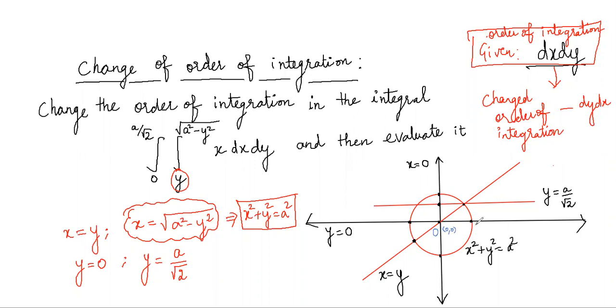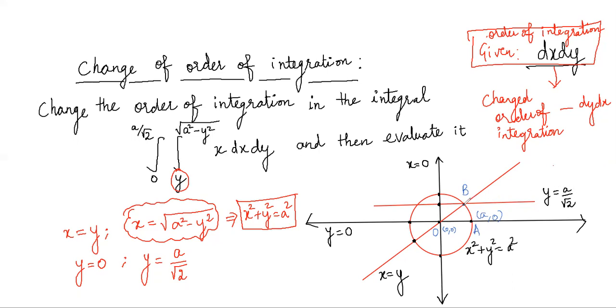Let us name this point as A. Since the radius of circle is A, the coordinates of this point will be A, 0. This is the straight line y equal to A by root 2. So here, if we name this point as B, at B, y will be A by root 2.